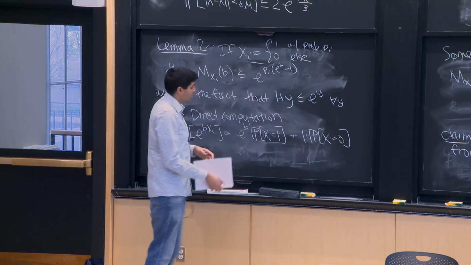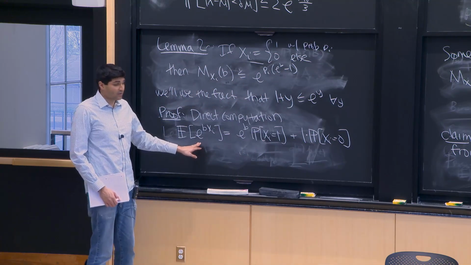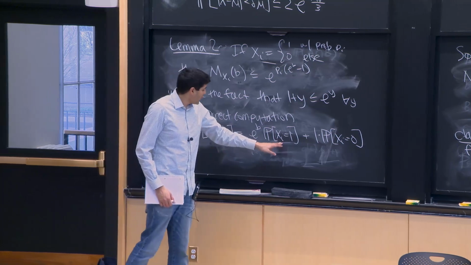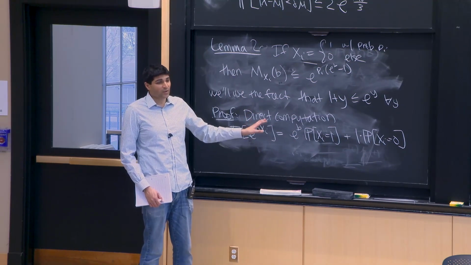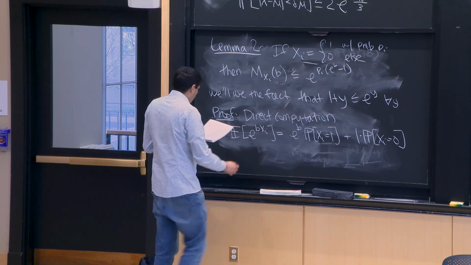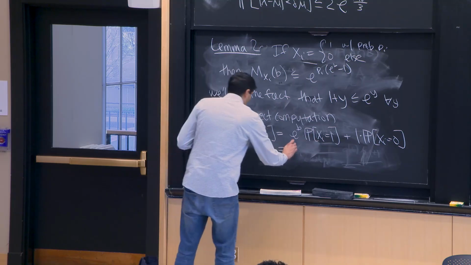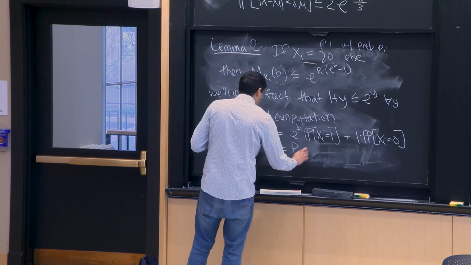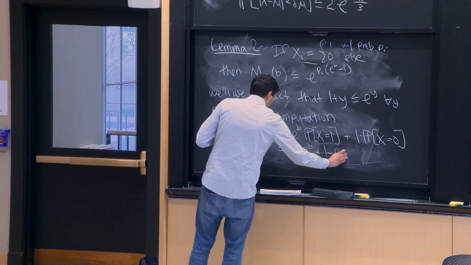In the case where it's 0, our quantity contributes a 1, because we get e to the 0. In the case where it's a 1, we get an e to the b. This is just literally using the definition of the expectation. Now we can plug in what the probability of xi being 1 is. This gives us on the right-hand side pi e to the b plus 1 minus pi.